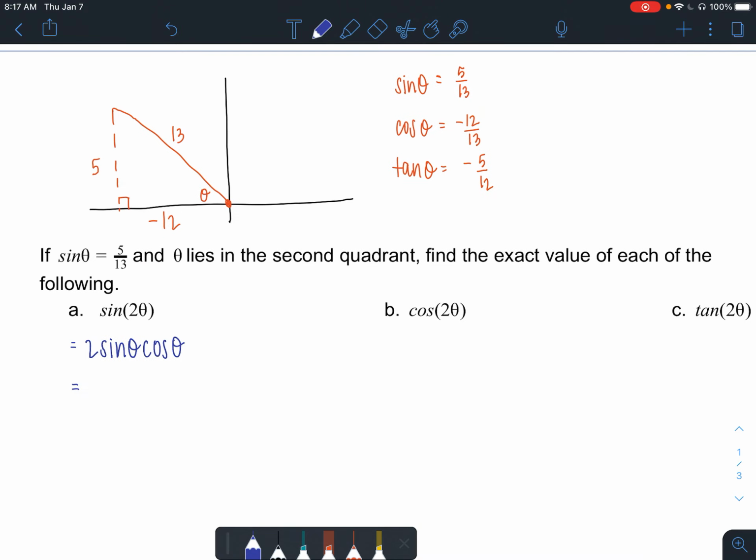So sine is equal to 5/13 and cosine is equal to -12/13. If I put this over 1, I multiply straight across. So 2 times 5 times -12 gives me -120. 13 times 13 is 169.